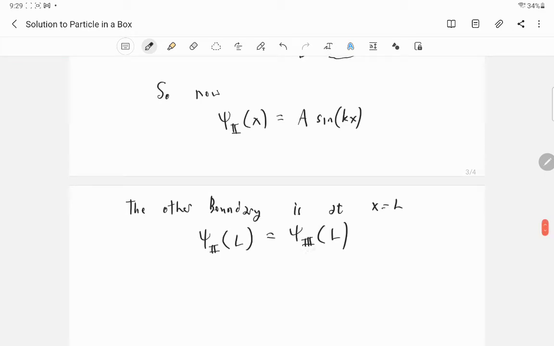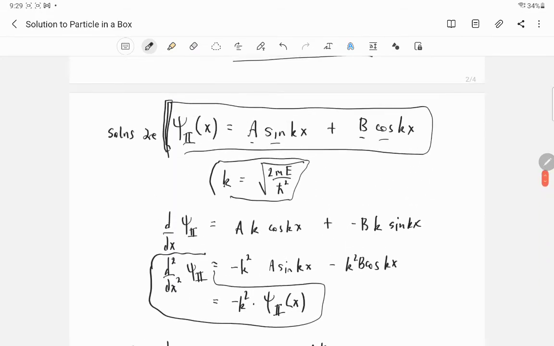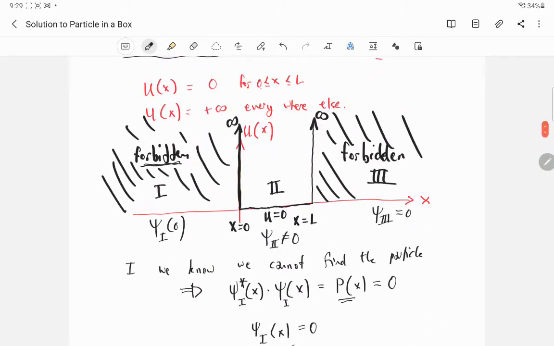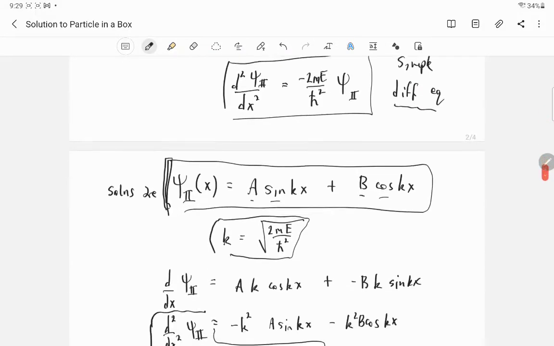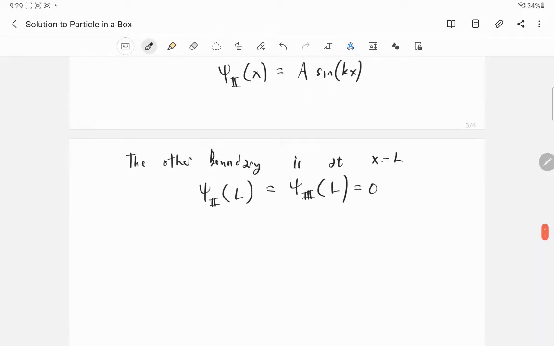But the region 3 wave function at L is actually 0, because the region 3 wave function is 0 at all of its locations there, right? So continuity at the other boundary implies that if I evaluate the region 2 wave function at the right end, x equals L, then it's got to strictly just be 0.